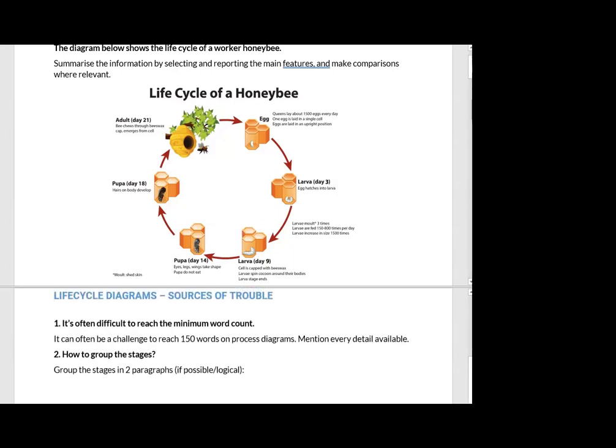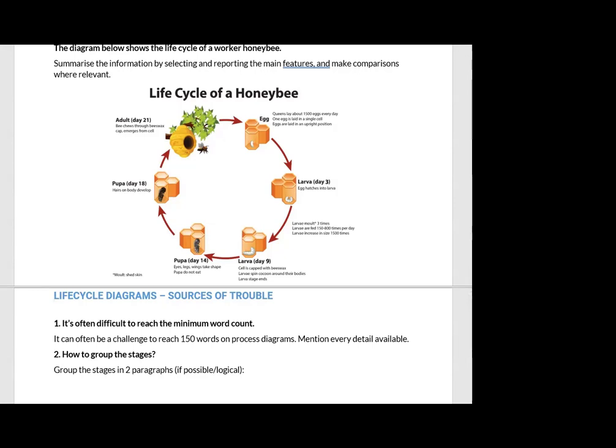Okay. For this kind of diagram, one of the challenges can often be to actually reach the word count. You need to incorporate all the details that are there to increase the number of words in your description. We got to be quite thorough to reach that word count comfortably.